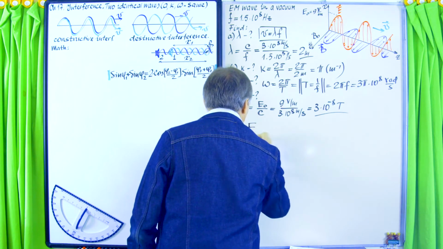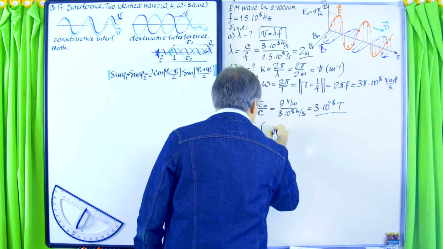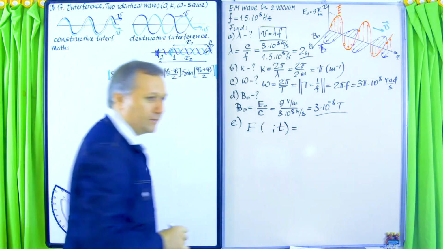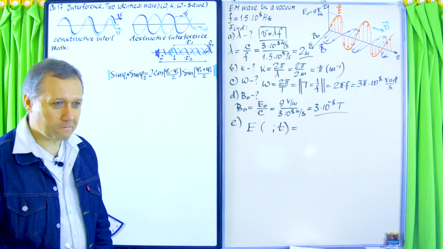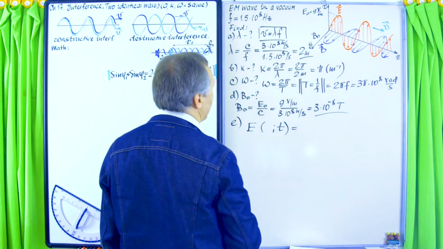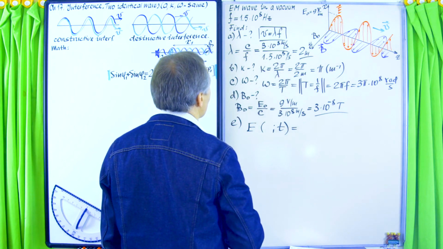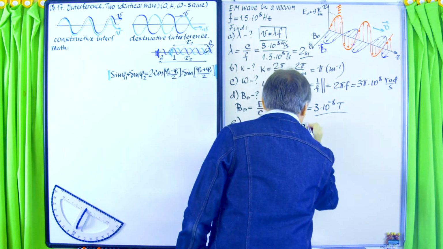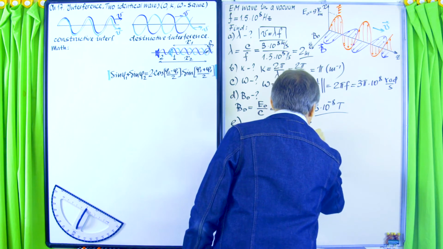So E, on purpose I skip, maybe I can write T. And then, of course, the electric field amplitude. Where is my amplitude? Yeah, it was given, 9 volts per meter.